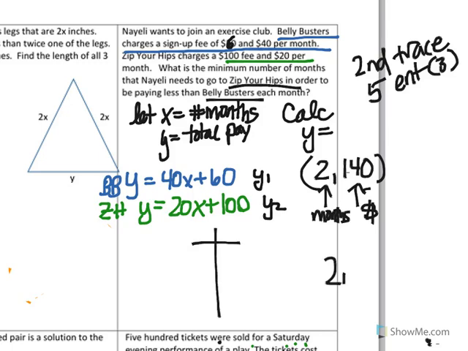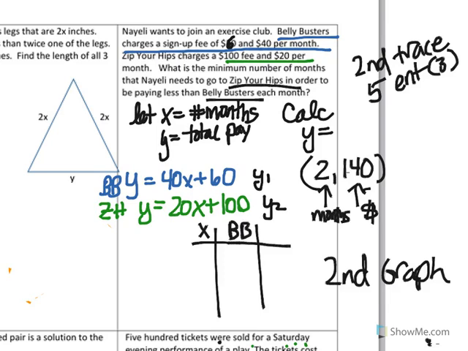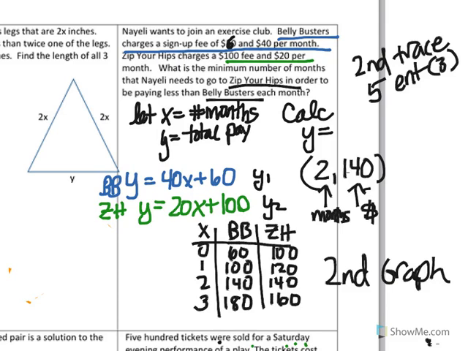So I just went to my table. You can do that by doing second, graph, and I'm just going to write down what's in the table, remembering that the first equation that I put in, in Y1, was Belly Busters, and the second one was Zip Your Hips. So 0, 1, 2, 3, and I'm going to just copy down what I've got.